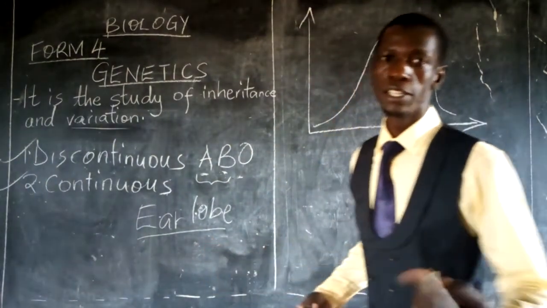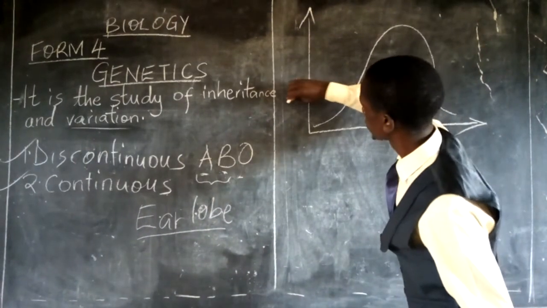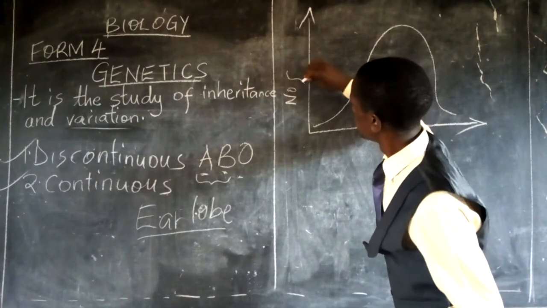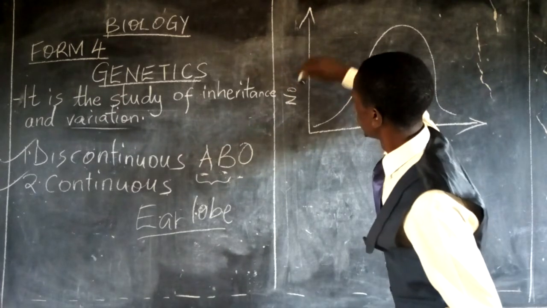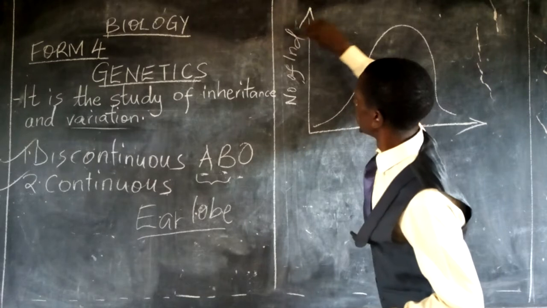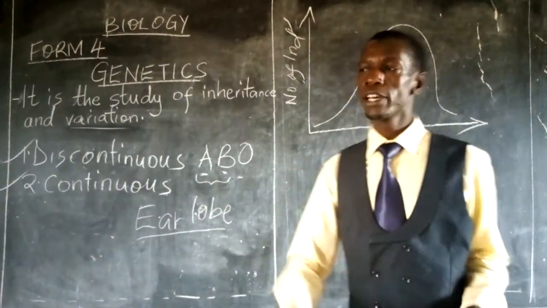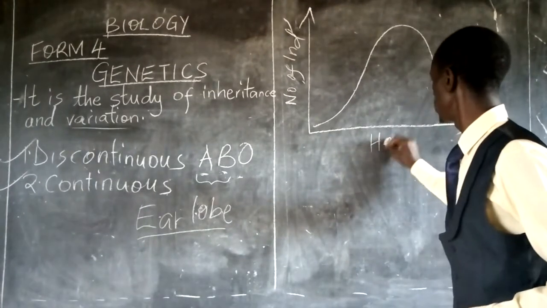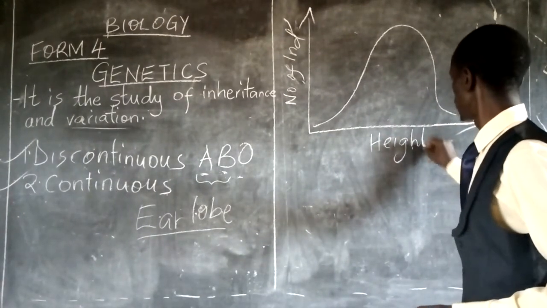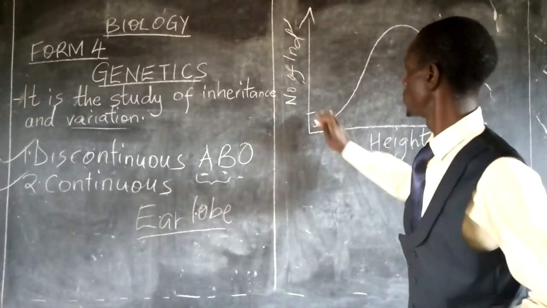For the y-axis, let me say it is representing the number of individuals. Then down here, the x-axis, let me talk about the height, just as an example.